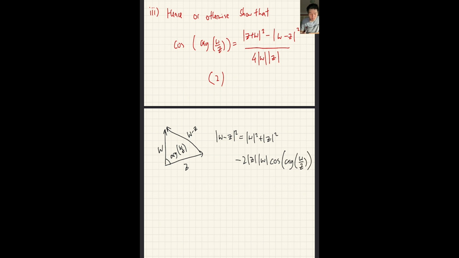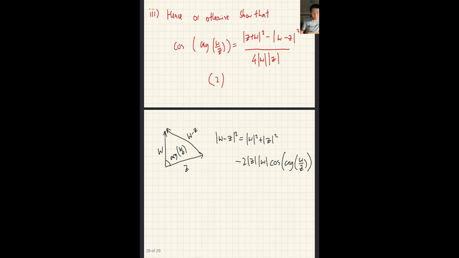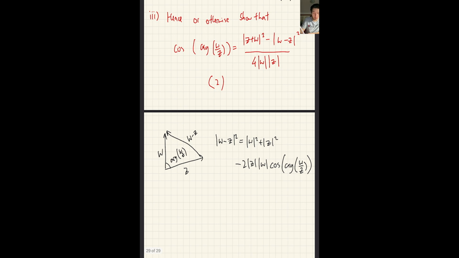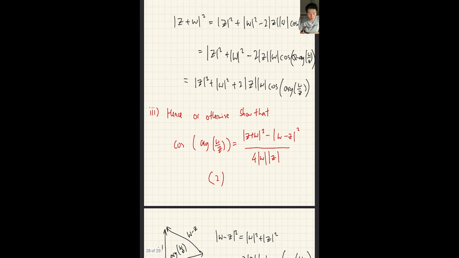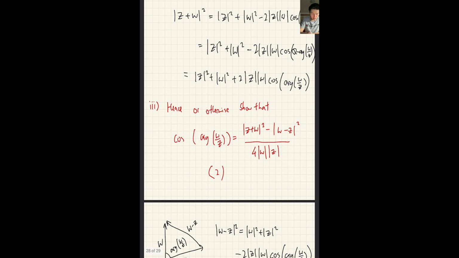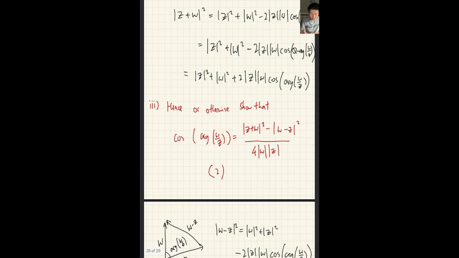Okay, now that's one thing we have sorted, but we also have to remember another hint that it's a hence or otherwise question. Okay, generally when there's a hence or otherwise question, hence means use the previous part. So we want to have a look here to see, okay, well, we have this and we have this from the previous part. What can we do to make this look like this?